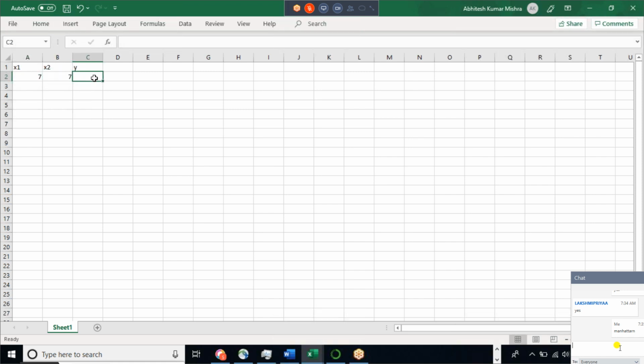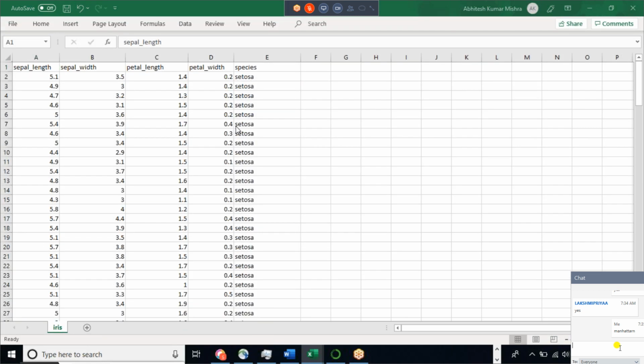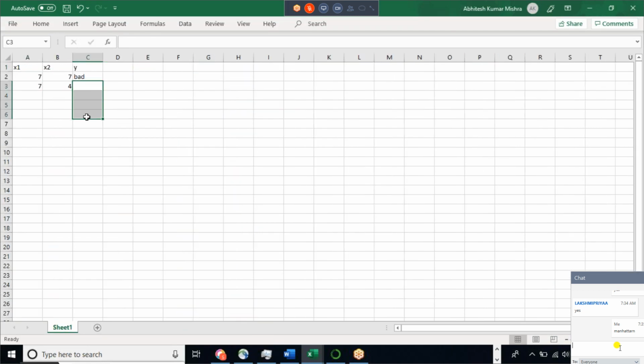If x1 is 7 and x2 is 7, it is bad data. If x1 is 7 and x2 is 4, it is also a bad result.